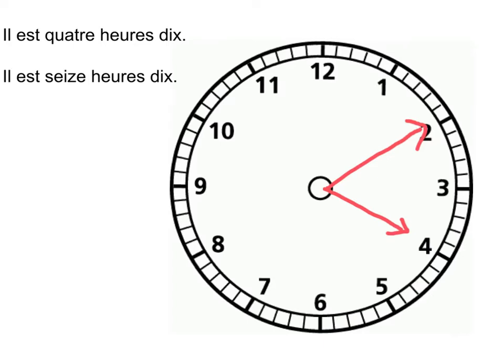Okay, so this first phrase here, we could say 4:10 in the morning, or 4:10 in the evening. And if we want to be a little bit more specific, we can add du matin, in the morning, or if we want to say in the evening, du soir.